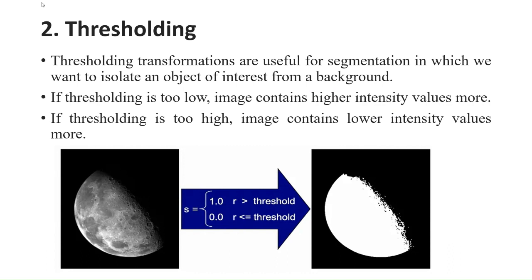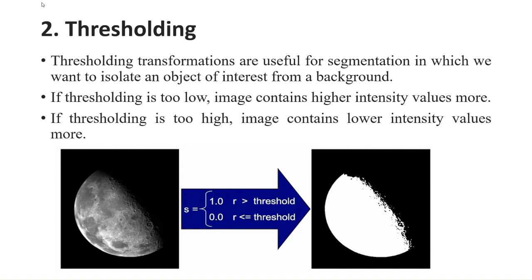Next, thresholding. In thresholding, all the transformations are done in the background; we take the low image constructions, and the intensity values will be more. Threshold transformations are useful for segmentation, in which we want to isolate an object of interest from the background.